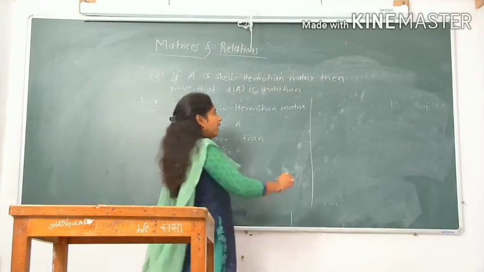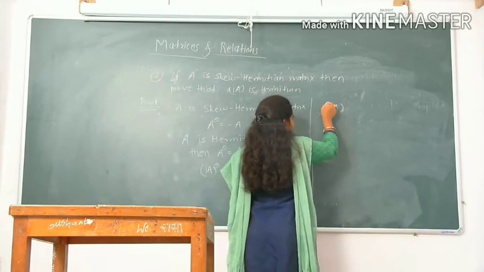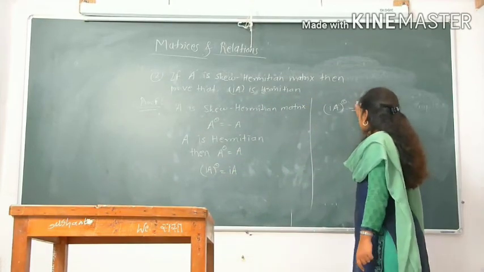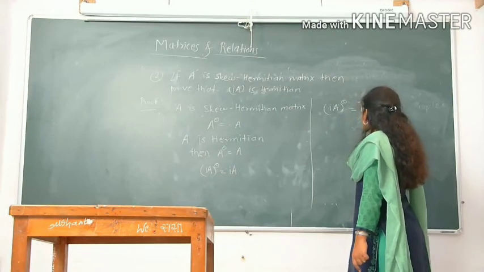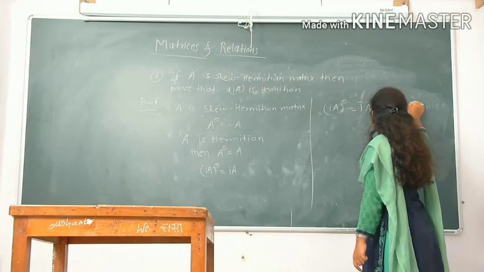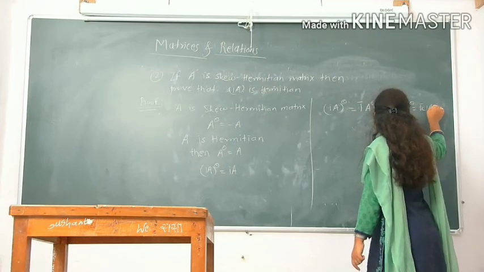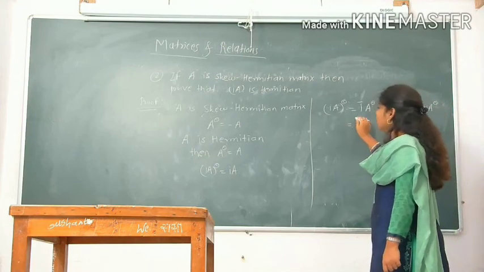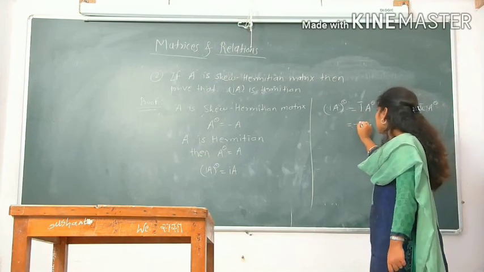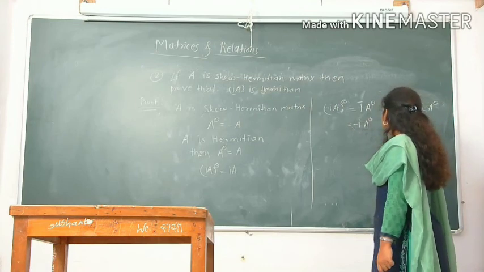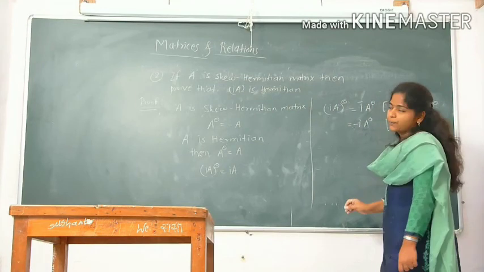So consider iA raised to theta, which can be written as i bar into A raised to theta, since we have k into A raised to theta is equal to k bar into A raised to theta, where k is any complex number.